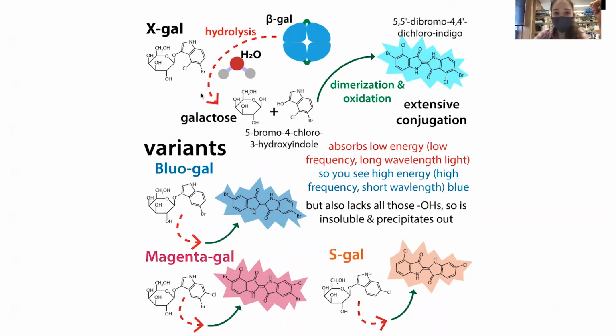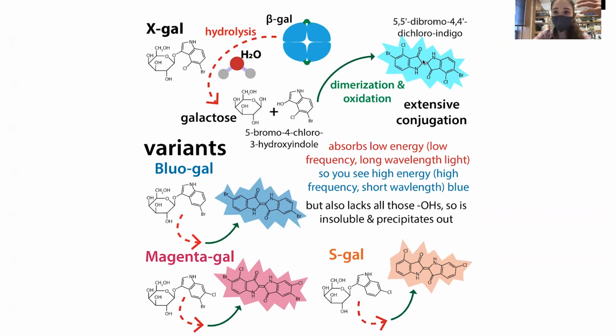And so the classic one for this is X-gal. Basically it gets hydrolyzed into galactose and this other thing. And then this other thing can dimerize and get oxidized to form this blue product, which has this extensive conjugation. When you see a lot of alternating double and single bonds, that's kind of indicative that there's likely conjugation going on.